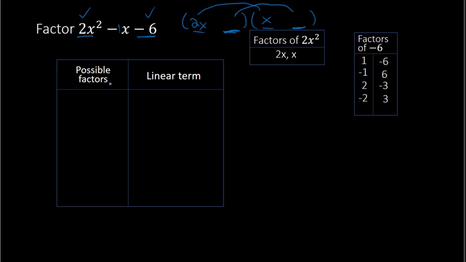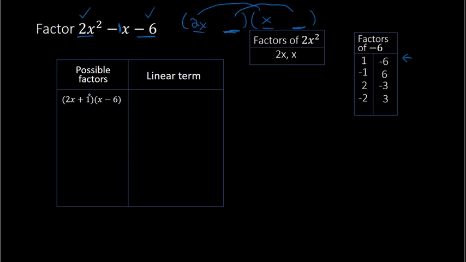So I know it's got to be a 2x and x at the beginning. I can try +1 and -6, this first one right here. Well, we know the first and last terms are good with this setup. So the question is, what about the first power term, the linear term, this middle one right here?